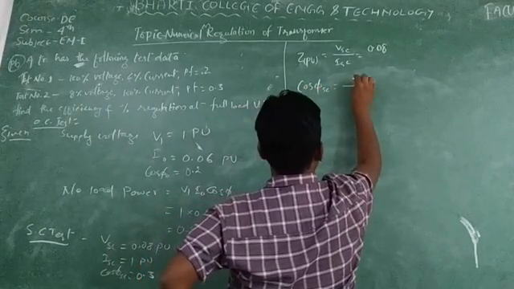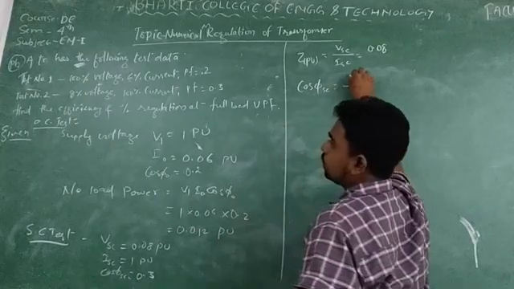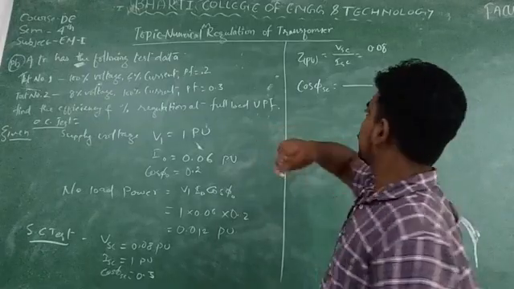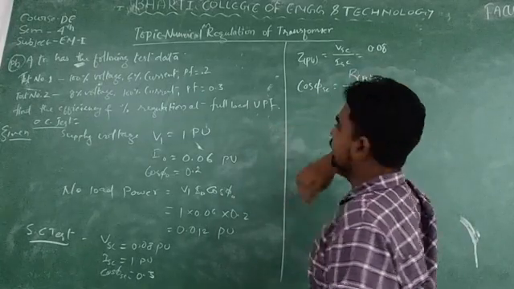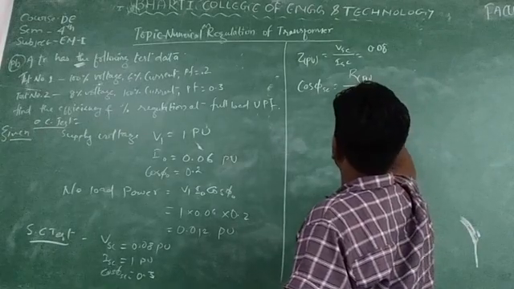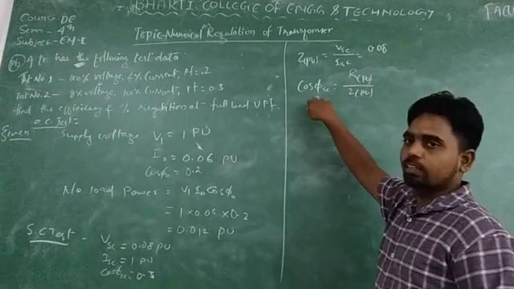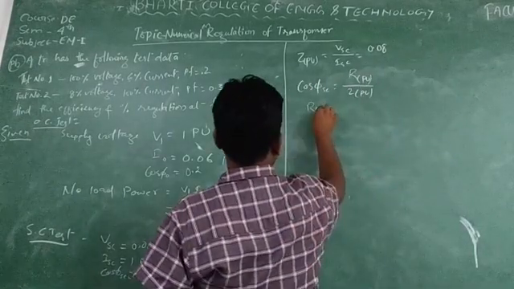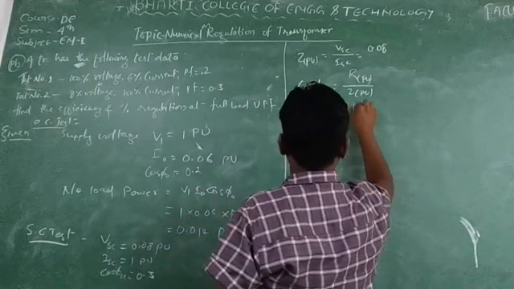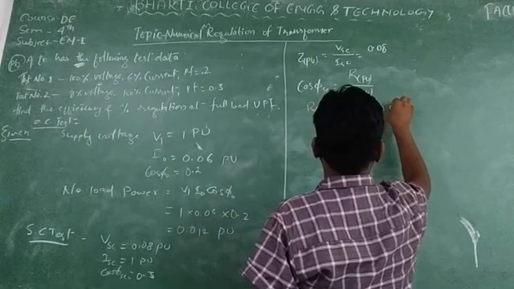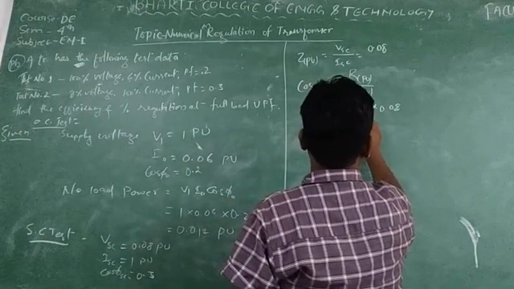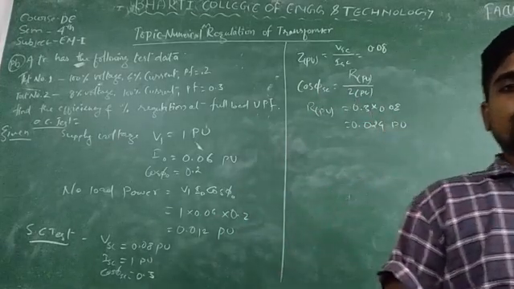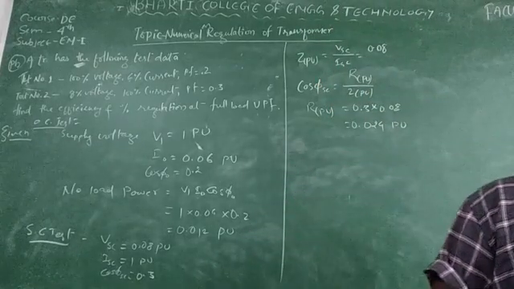We know the power factor is the per unit resistance upon impedance, taking the per unit system. Now we have the impedance and the power factor, so we can find the unknown resistance. Resistance in per unit is cos phi SC, 0.3, into 0.08, so it is 0.024 per unit.